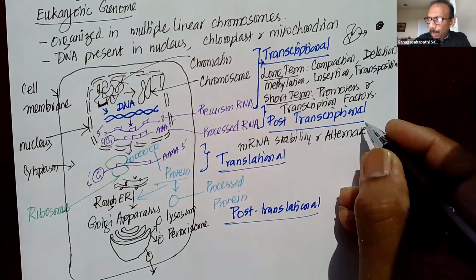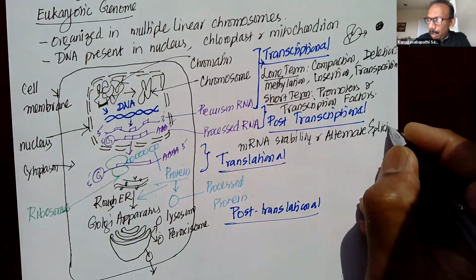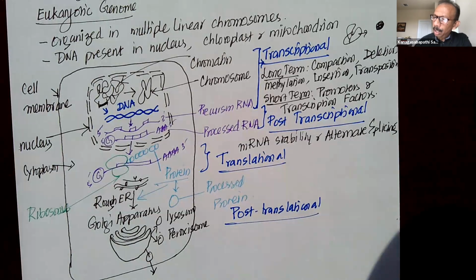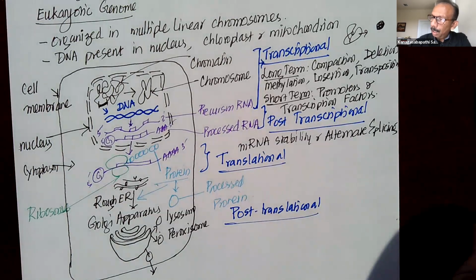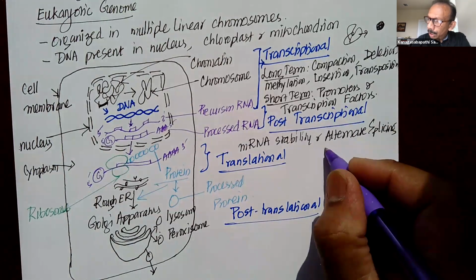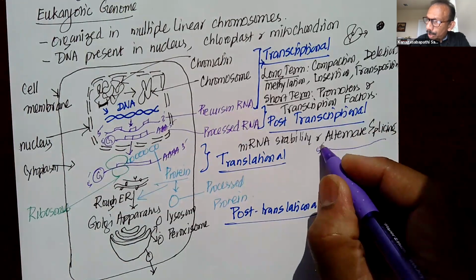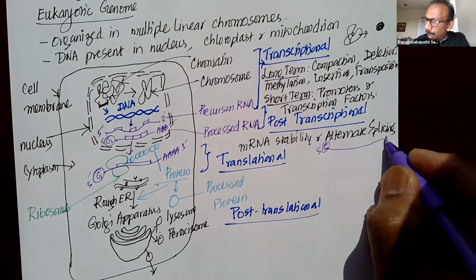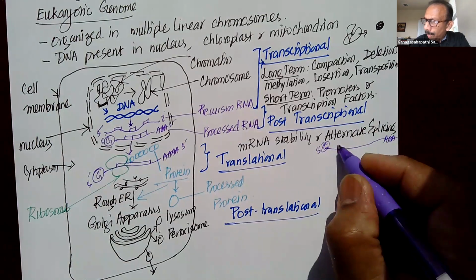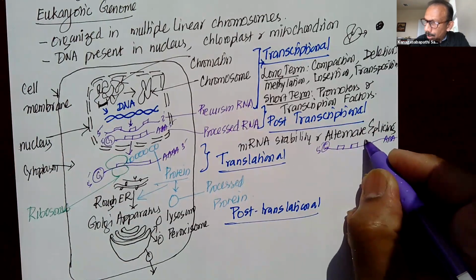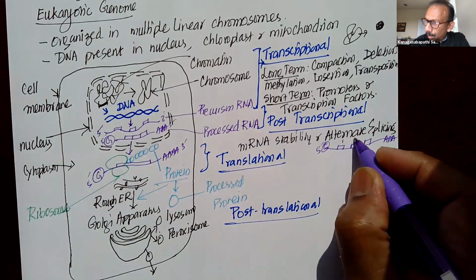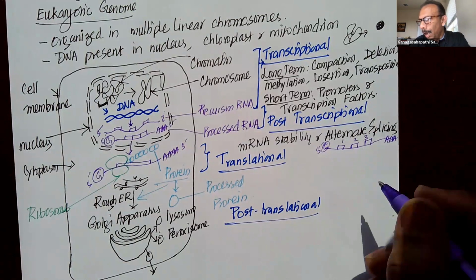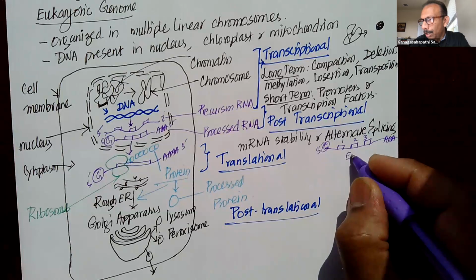The alternate splicing of mRNA happens like this: you have an mRNA with a 5' G cap and a 3' poly A tail, and you have intron 1, exon 1, exon 2, exon 3. So these are the exons.